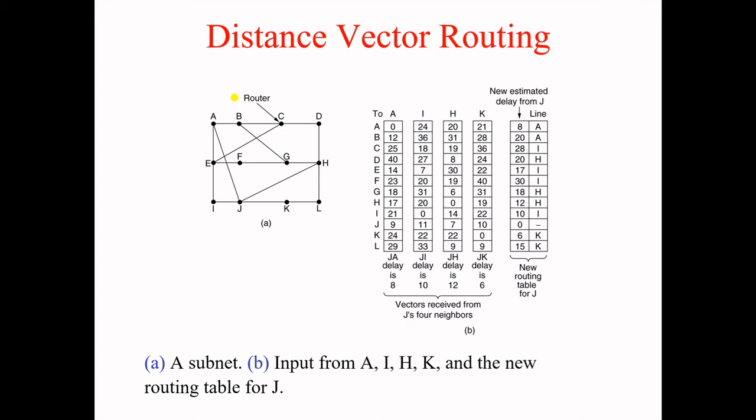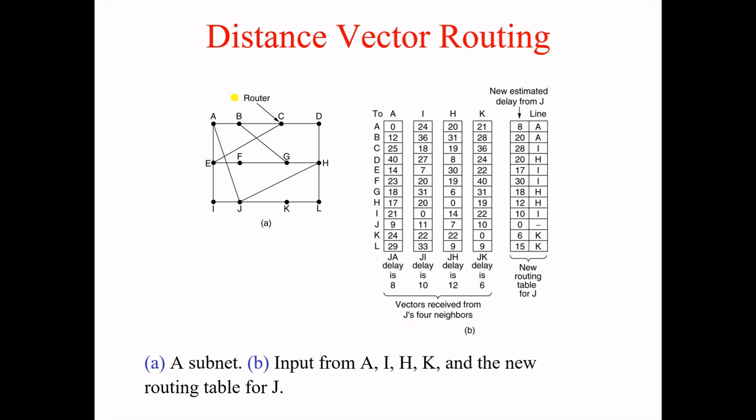First of all, what is distance vector routing? Distance vector routing algorithms operate by having each router maintain a table, or we can say a vector, giving the best known distance to each destination and which line to use to get there. These tables are updated by exchanging information with the neighbors.